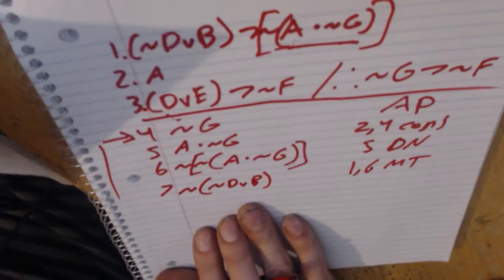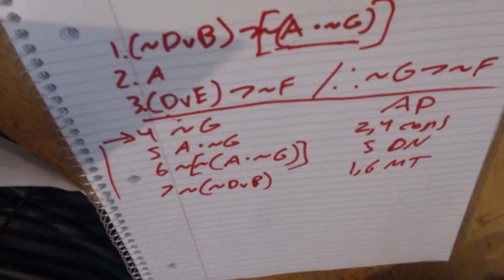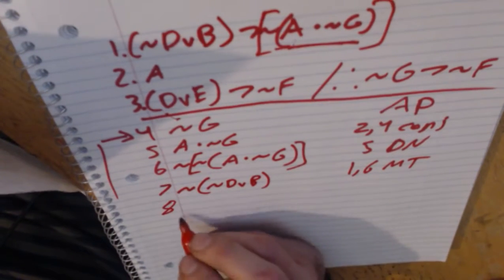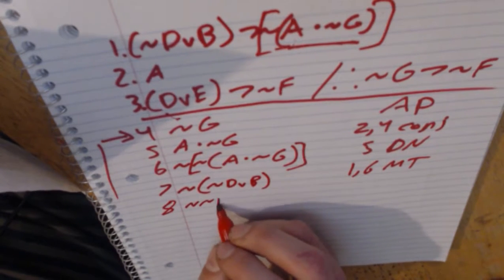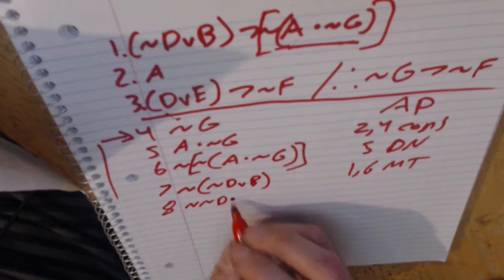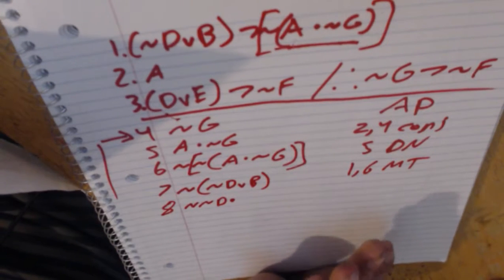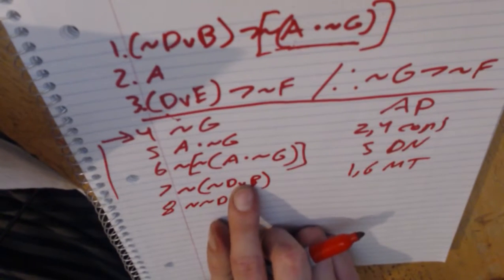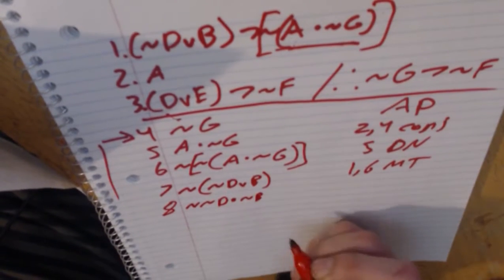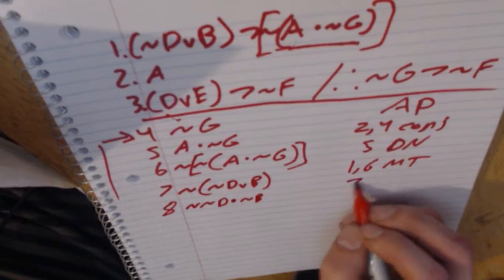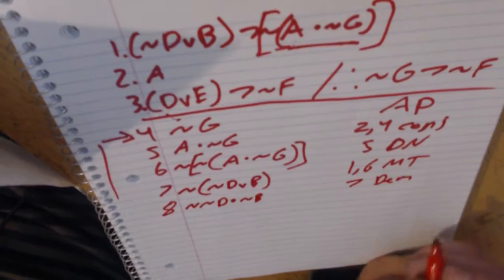Alright. Now, let's De Morgan's it. Why not? So let's distribute that there. So we get a not D. And, remember, we do De Morgan's. That or changes into an and. Not B. So that's line 7, De Morgan's.